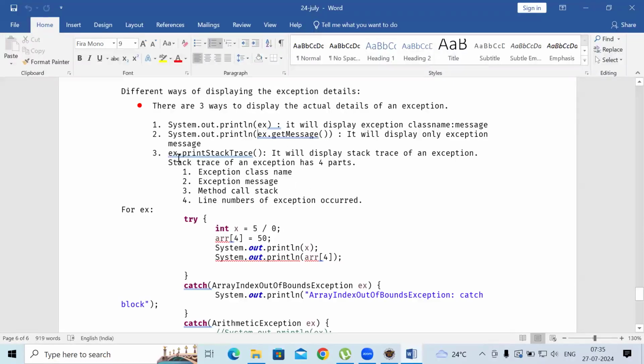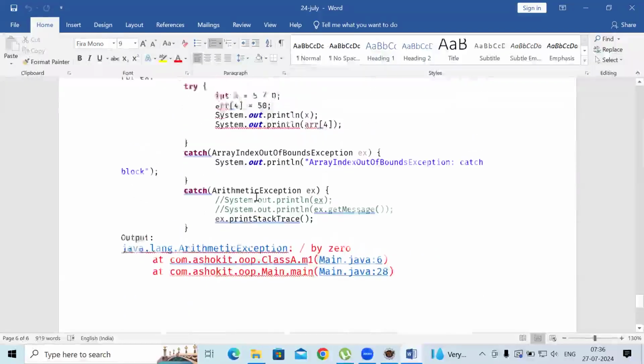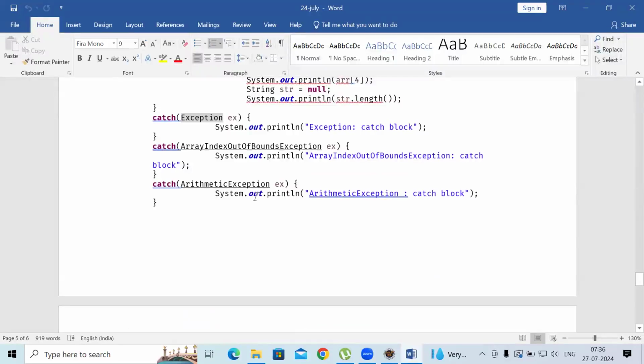And if you want the complete details of the exception, you can call printStackTrace, which gives the exception class, the message, the method call stack, and the line numbers causing this exception. This is the example we got in the previous session. Now we will continue further.